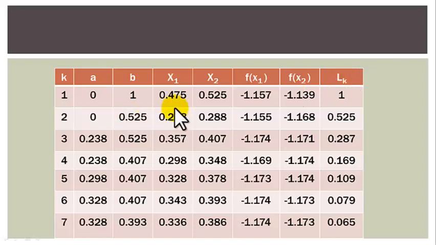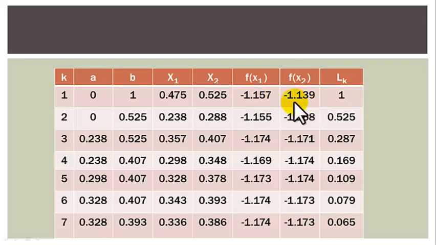So what we have done illustrated before, we obtain x1 to be 0.475 and x2 to be 0.525. f of x1 is minus 1.157, f of x2 is minus 1.139.